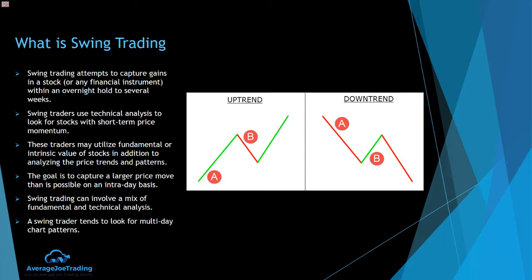And these traders may use fundamental or intrinsic value of stocks in addition to analyzing price trends and patterns. So the goal is to capture a larger price move than is possible for you to capture on an intraday basis. So it's going to be a mix of fundamental and technical analysis, but it's going to be probably 80-20. 80 technical, 20 fundamental.